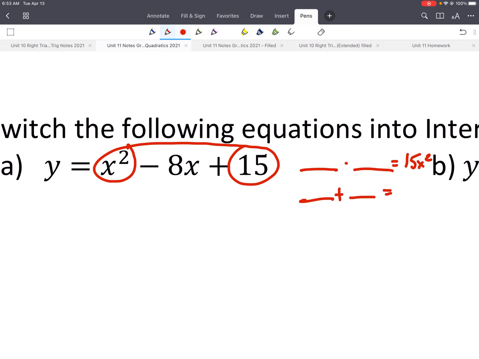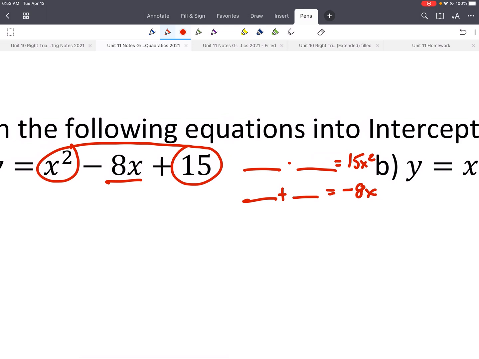I always write addition, but it could be subtraction, to give us negative 8x, the middle term. I think it's always a great idea to write down a factor pair, so 1 and 15, or 2 doesn't, but 3 and 5, and that's all of our choices. So we do 3 and 5, looks like both would need to be negative.